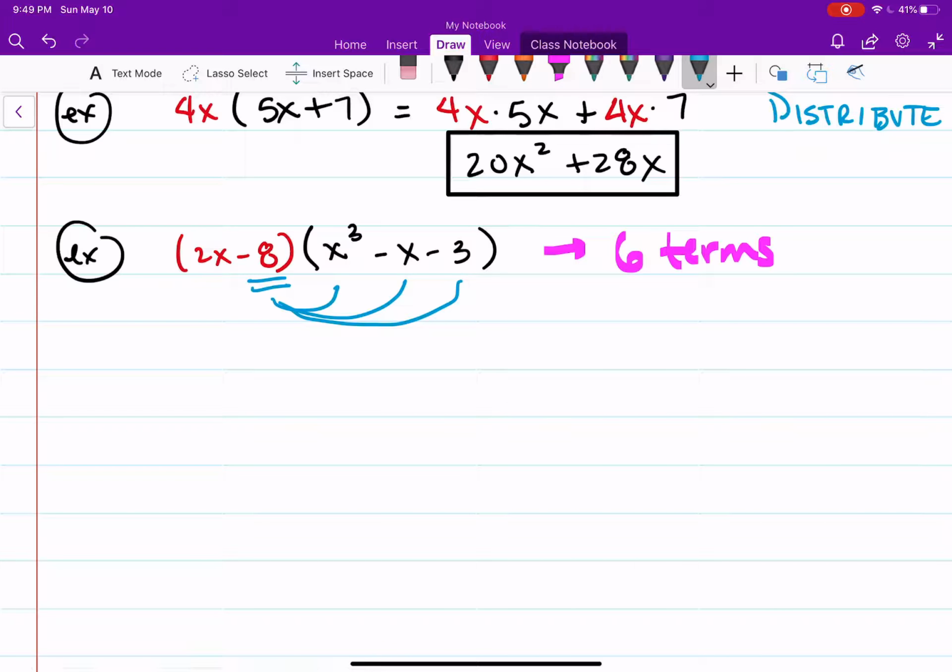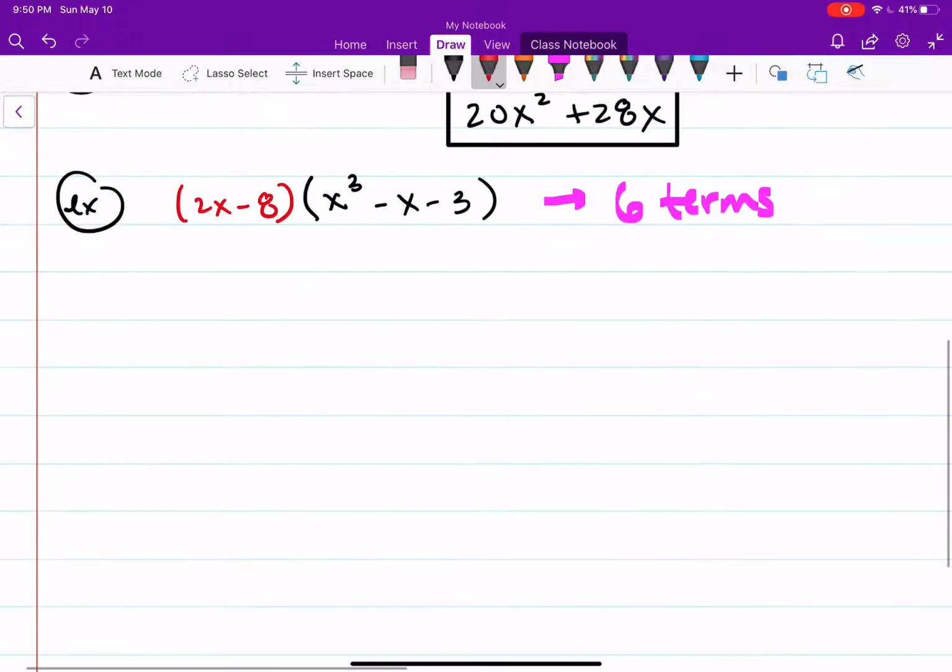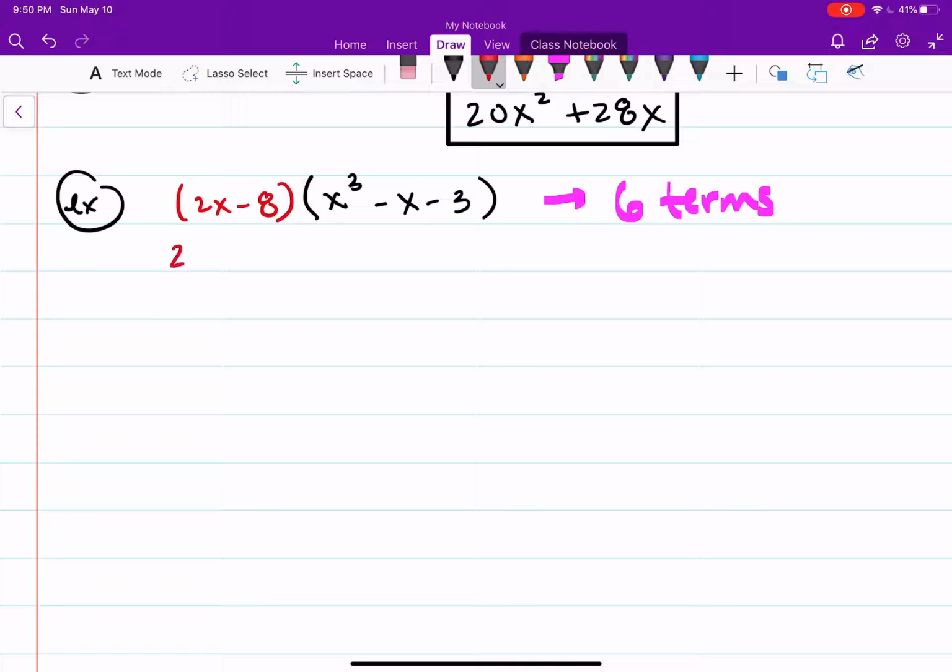If I was to write it out, and I would recommend this if you're not good at drawing those lines or staying organized with them, write down the first one and multiply through with x cubed minus x minus 3. Then take that -8 and distribute it to x cubed minus x minus 3. This way is a lot easier to see what you're doing.